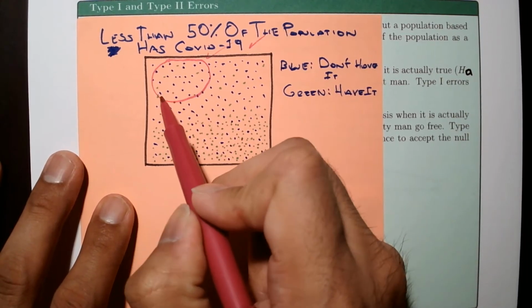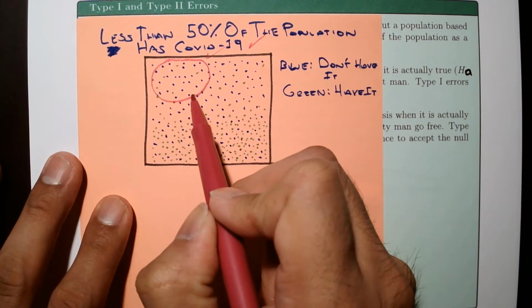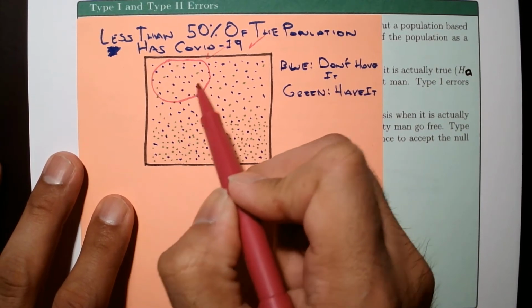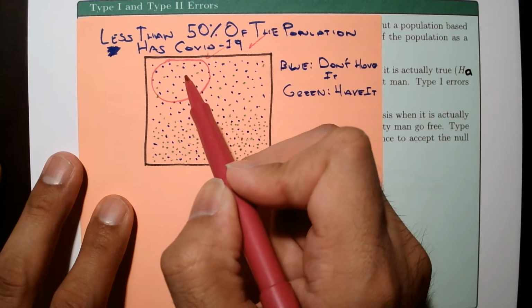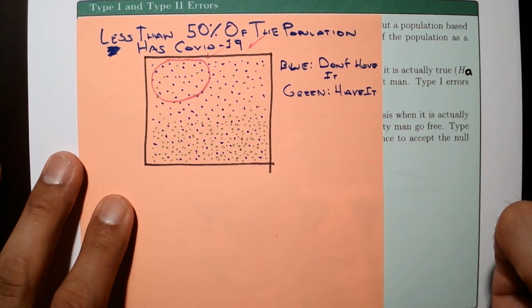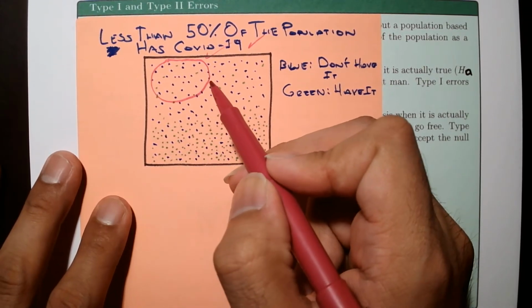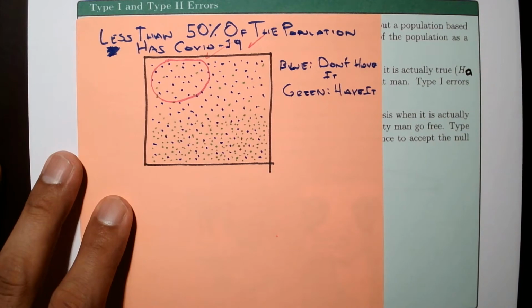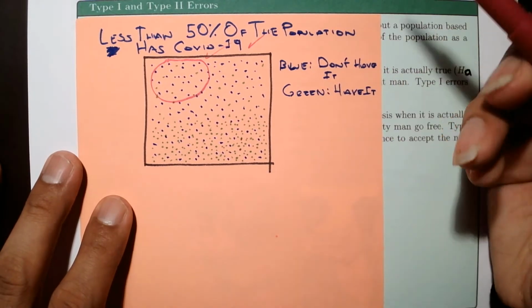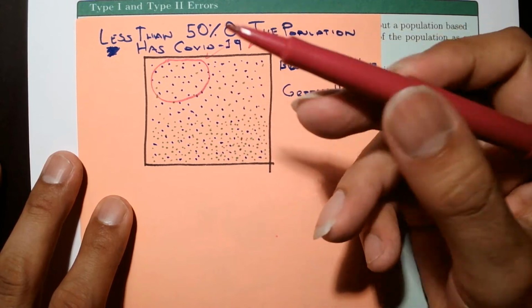If you count the number of green dots, I have 1, 2, 3, 4, and 5, and mostly they are blue dots, which are the people that don't have it. So this sample represents the number of people that do not have it, right?